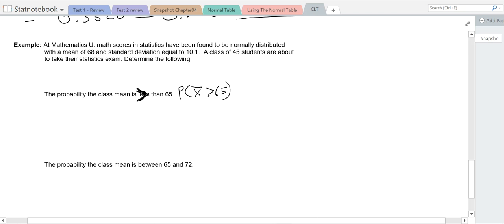65. Once again, if you look at the problem, the underlying population has mean 68, standard deviation 10.1. The sample size is 45, so it's large enough so that we know that this will be normally distributed. The only thing we need to know is what the mean for X bar is, right?